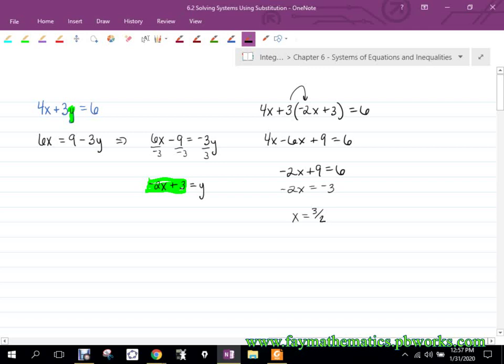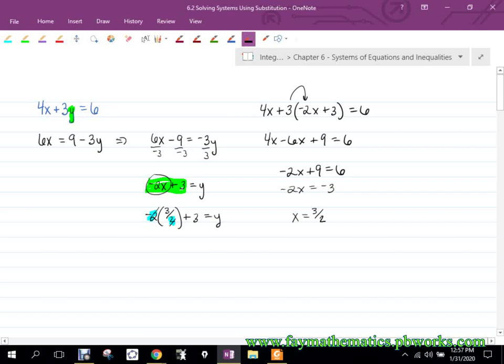Now that I know that x is 3/2, come back in here and say, okay, well, negative 2 times 3/2 plus 3 is going to equal y, right? What's going to happen with that negative 2 right there and that 2 right there? One's in the numerator, one's in the denominator.